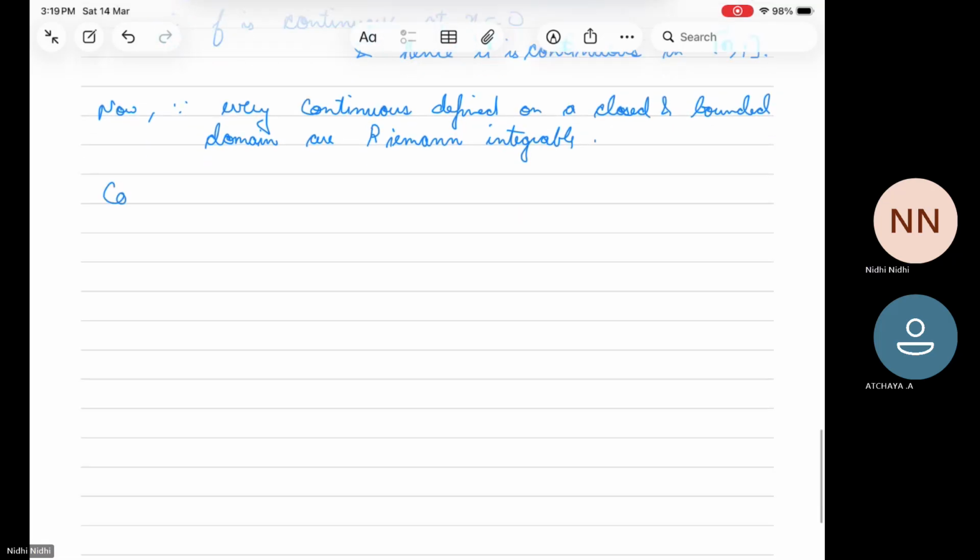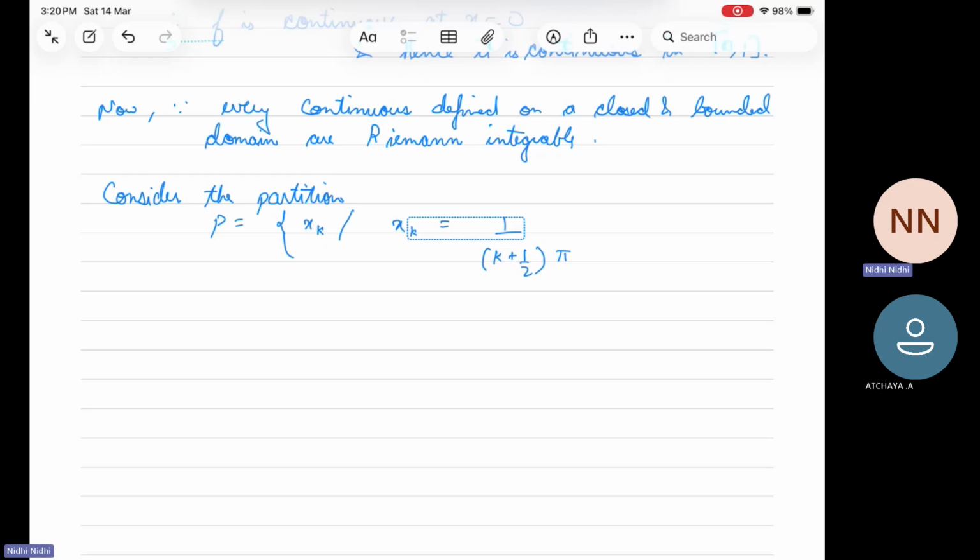Consider the partition P, the collection of all those x_k, where x_k is equal to 1 upon (k + 1/2)π.